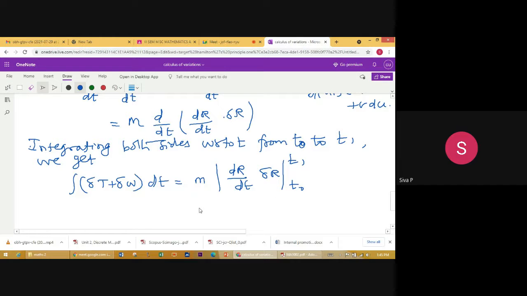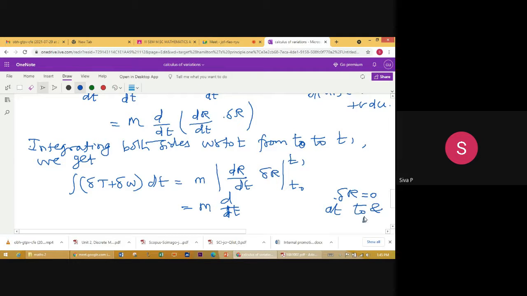So that is equal to M dr by dt delta r. Actually, one important point is that delta r equal to 0 at t0 and t1.